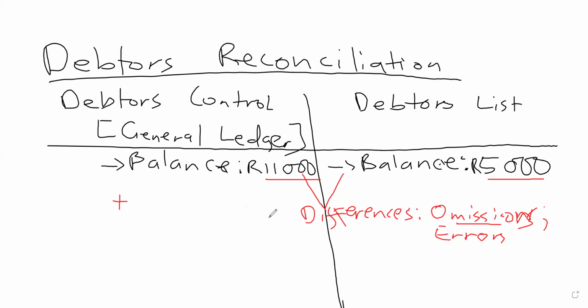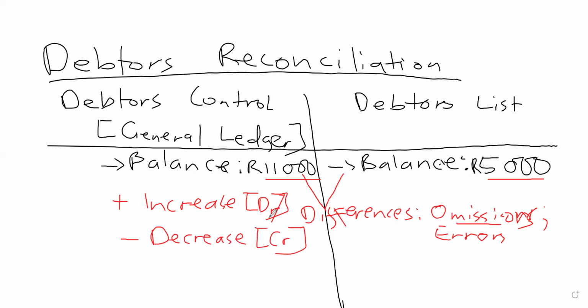One of the things that can happen, it can either increase your balance. When it is increasing your balance, it means it's a debit entry on your debtors control. Or it can decrease your balance. If it's going to decrease the balance of your debtors control, it means it's a credit entry on your debtors control. Very important to understand that concept.